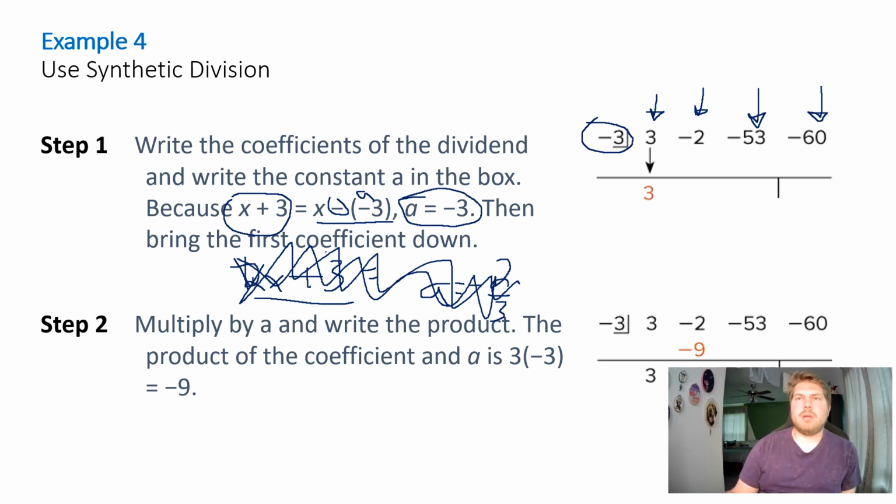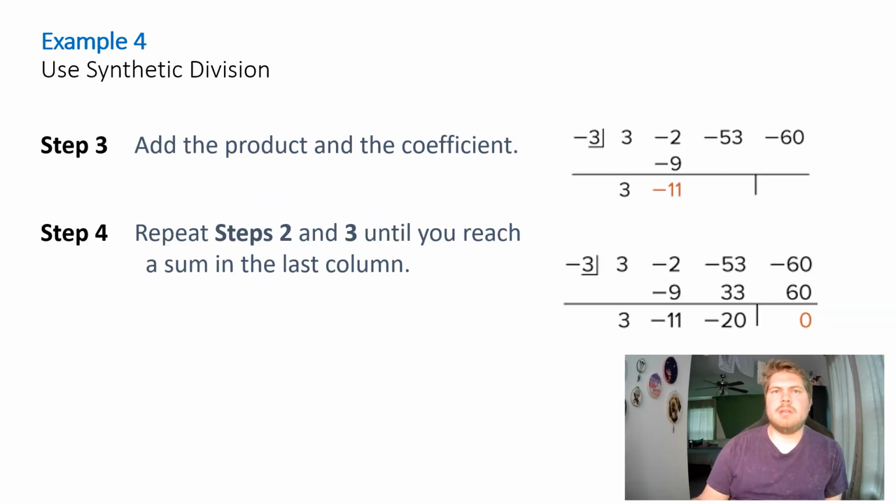You're always going to bring the first one down, and then you're going to multiply, add, multiply, add, multiply, add. So here, add the product of the coefficient, and then keep repeating until you get to the last column. So here, they brought the first one down. They multiplied -3 and 3 and got -9. And then they added and got -11.